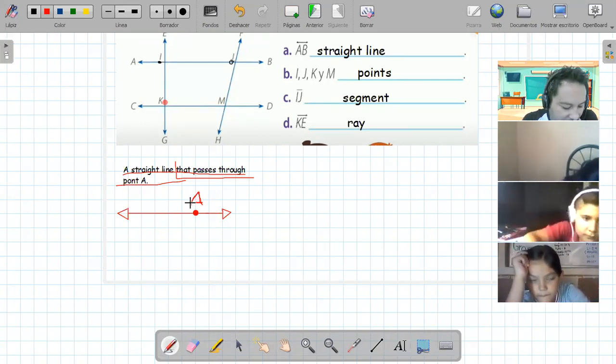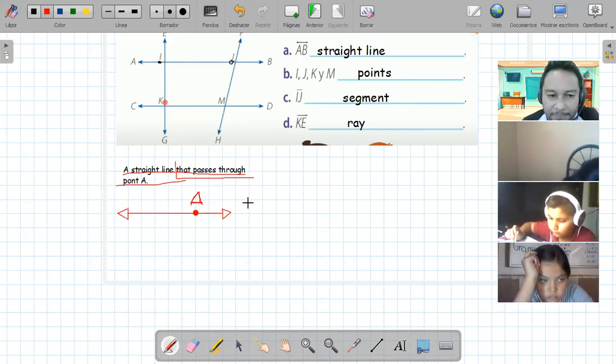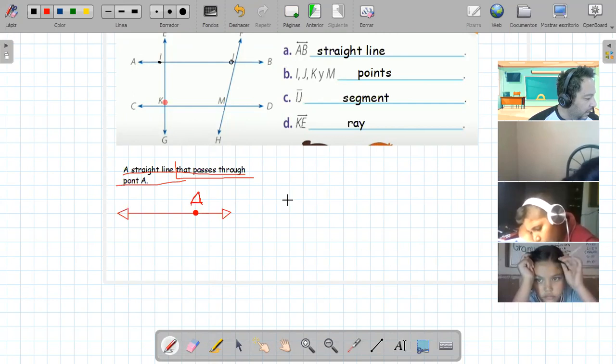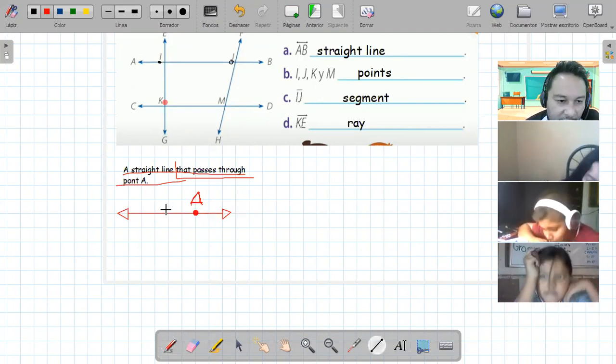A. The origin point at the same point A. So in letter B, you are going to draw the same as this one, but it says a ray with the origin point at the same point A. Where is the origin? This one, and then I'm going to make a ray.